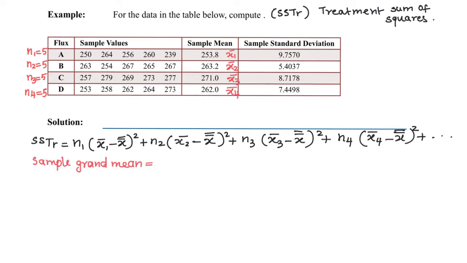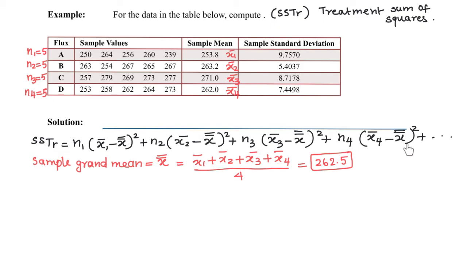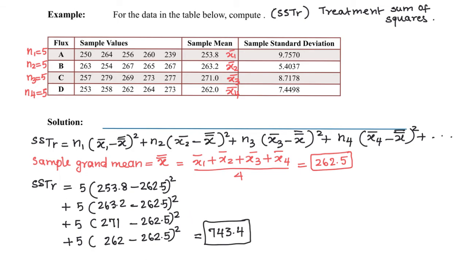To find the sample grand mean, we can add all these numbers and divide by 20, or add all these numbers and divide by 4. Now we can substitute these values into this formula to find the SSTR. Using the calculator, you can find the value equals 743.4.